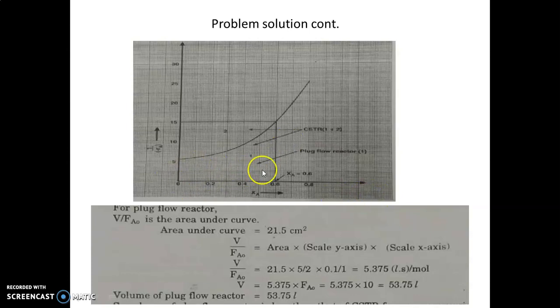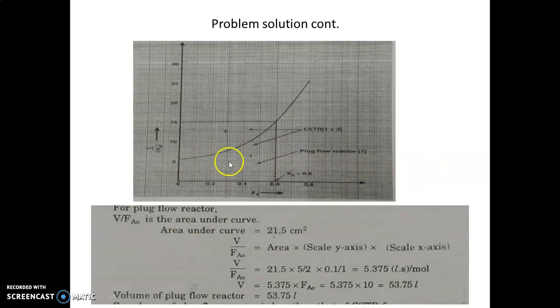So in this area we are having the conversion 0.6. From this area we can calculate the volume required for the plug flow reactor. In case of CSTR we calculated this area, but in this case we have to take the area under the curve.